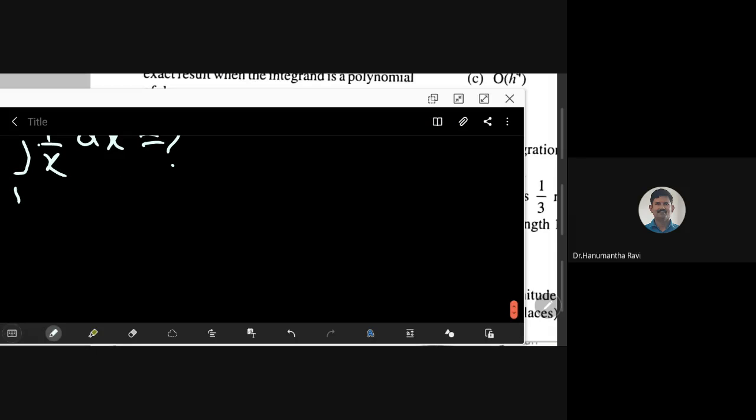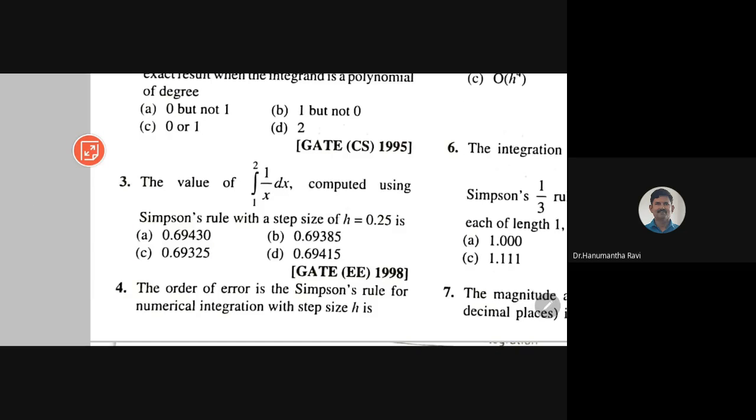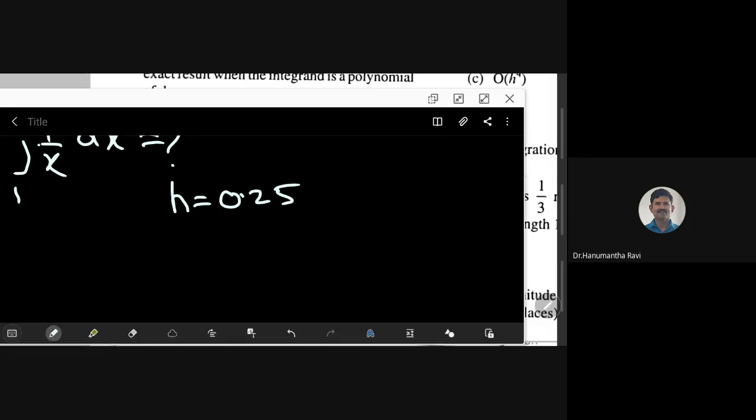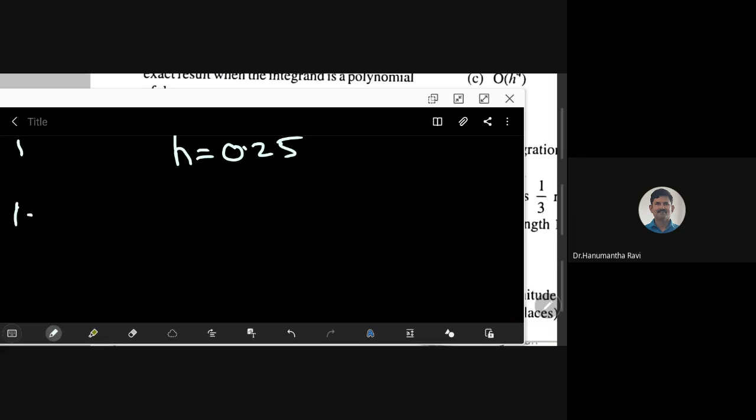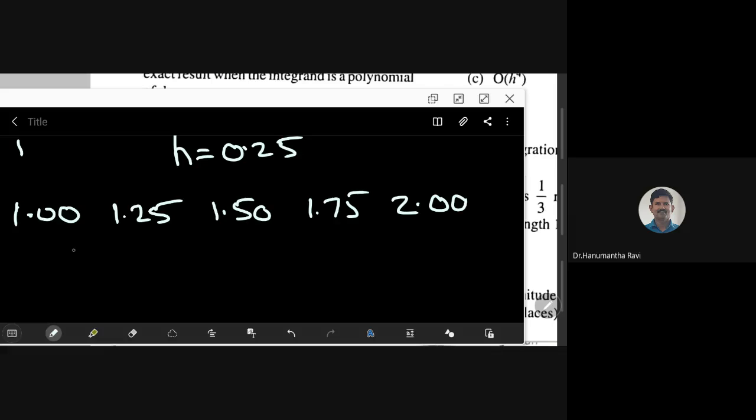The h is given as 0.25. Good. So what is your starting point? Starting point is 1. So 1.00, then 1.25, then 1.50, you are adding 0.25, 1.75 and 2.00. So now for 1 by x, you just take the 1 by x value.